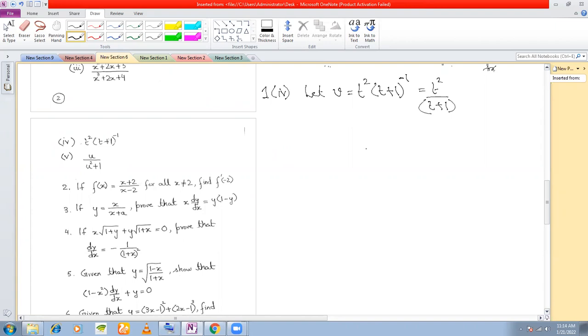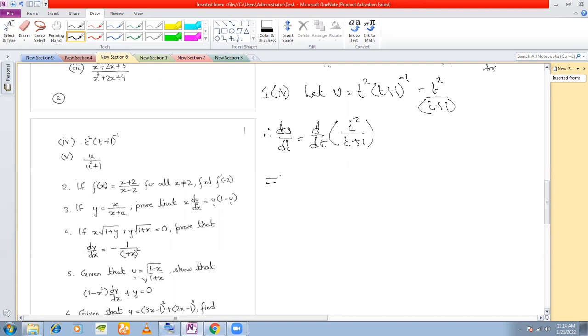You need to find dv dt, that is the differentiation of v with respect to t, because the variable here is t. So therefore dv dt is equal to ddt of, now I'm going to use u by v rule directly, t square by t plus 1.